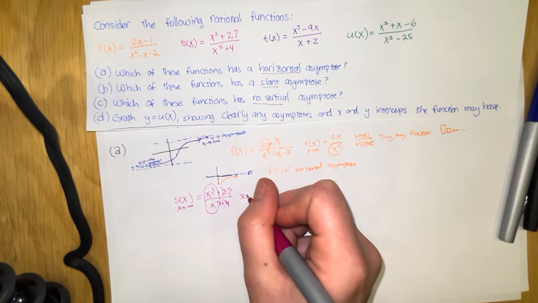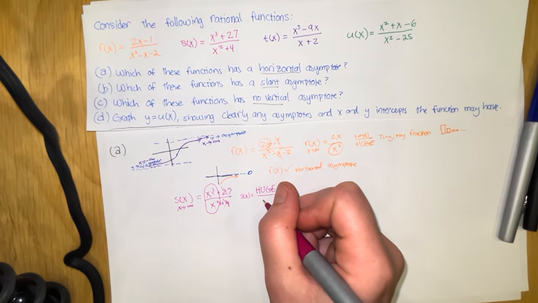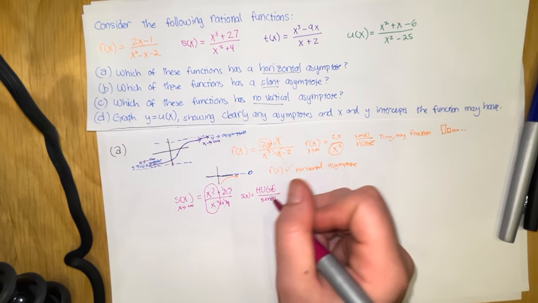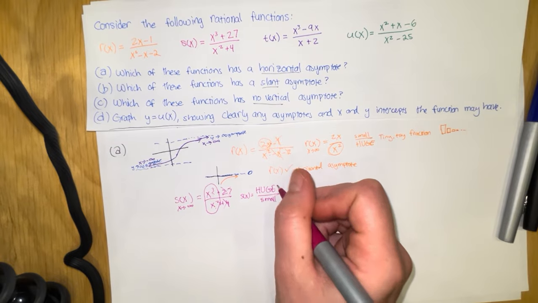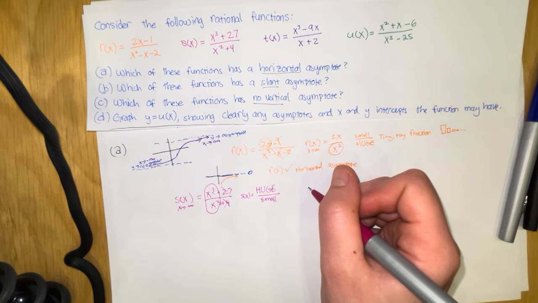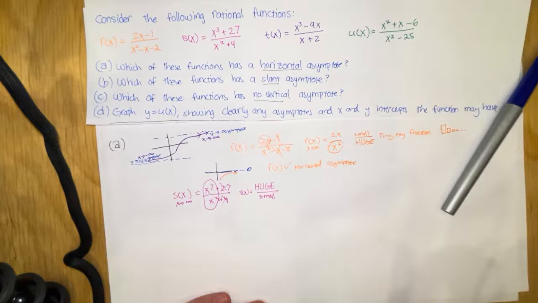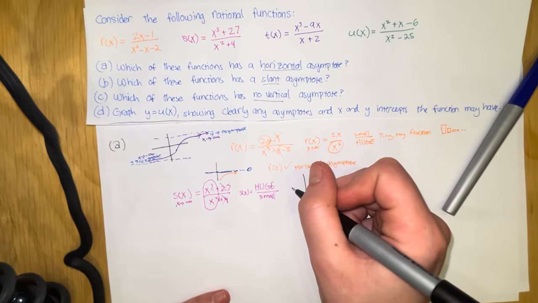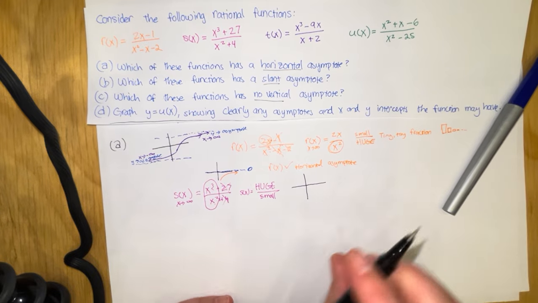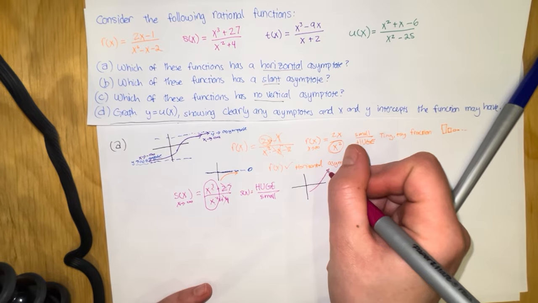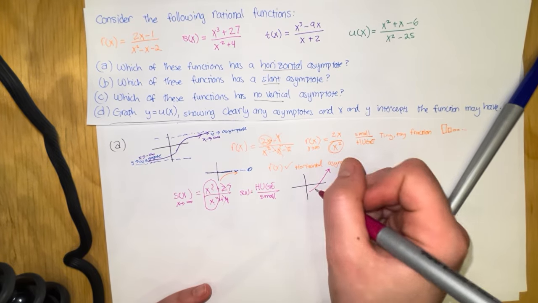S of x is going to be a huge number over a smaller number. And as x goes to infinity, this is just going to get bigger and bigger. The huge number is just going to get huger and huger. And this x squared will never be able to keep up with x cubed. So if we look at this one, as x goes to infinity, y is going to go to infinity too.